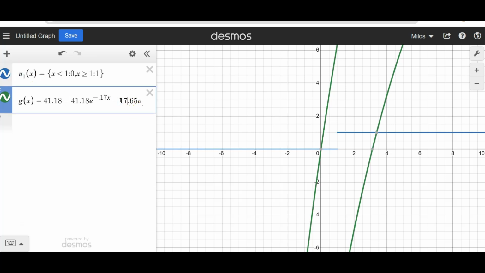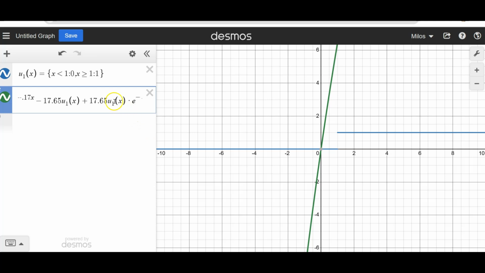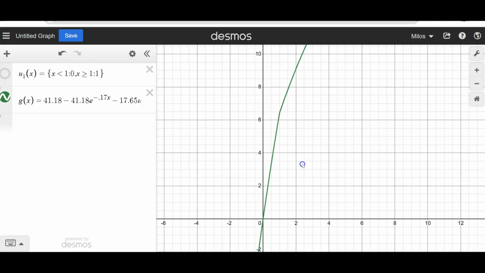So that's how it knows what it's doing. And then I need plus 17.65 times u1 of x multiplied by e to the negative 0.17 times quantity x minus 1. Now I'm going to get rid of the Heaviside because I'm not really interested in that. And let's see what happens here.